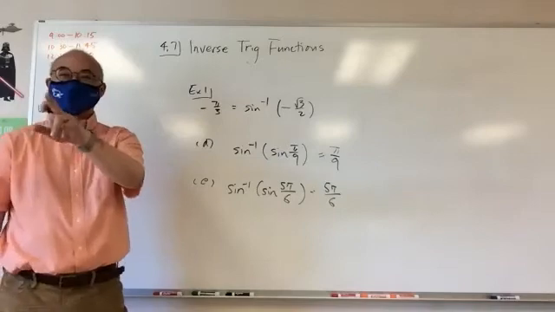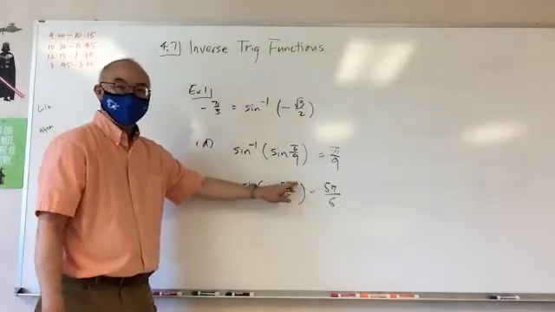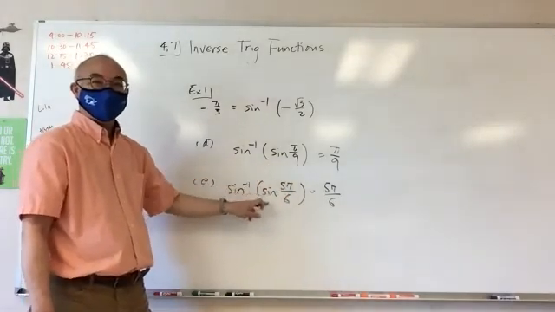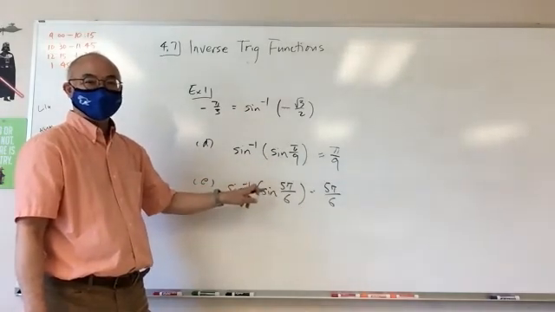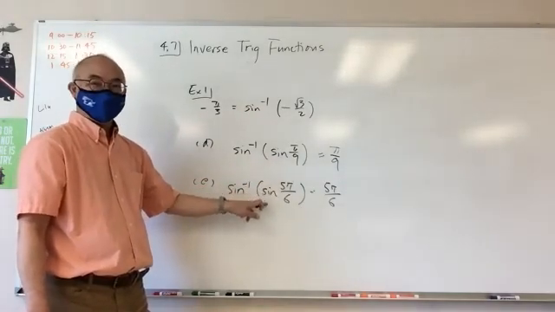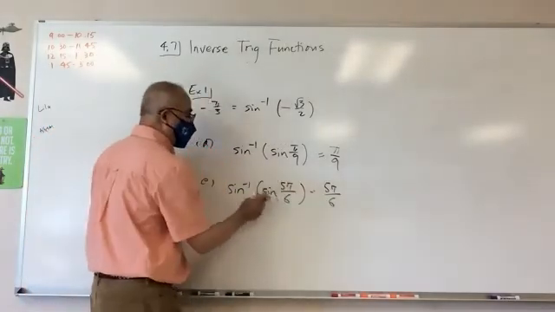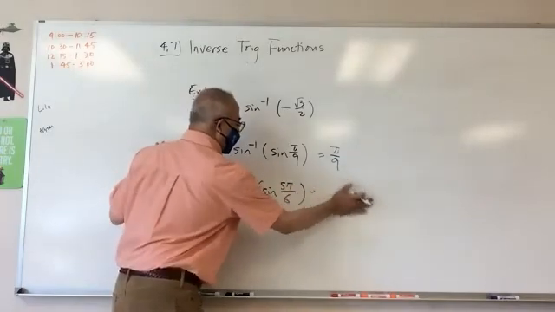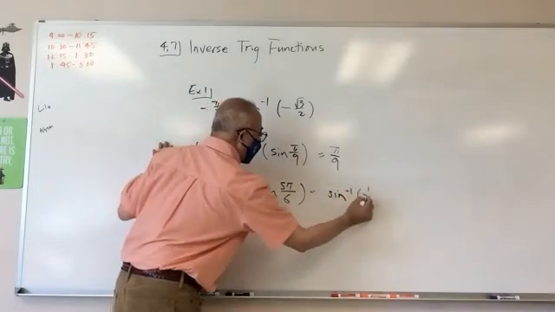But I do know this value. It's just sine of 150 degrees. So what would this be? Pi over 6. So this would be 1/2, wouldn't it? So this is basically the arc sine of 1/2.